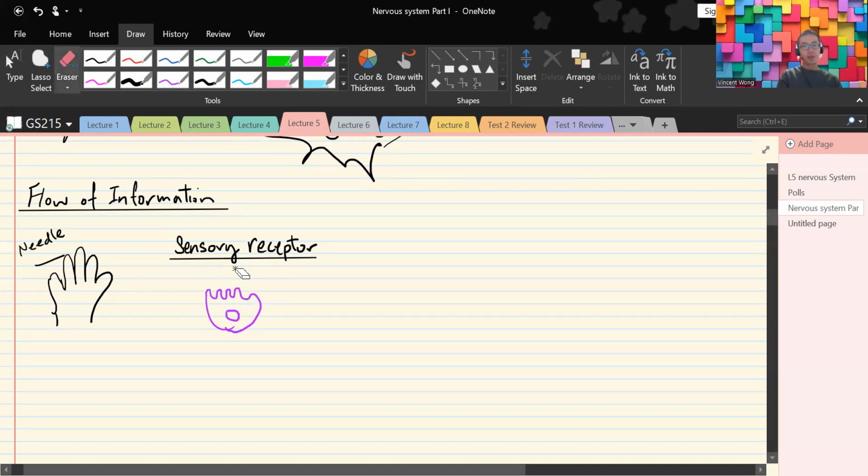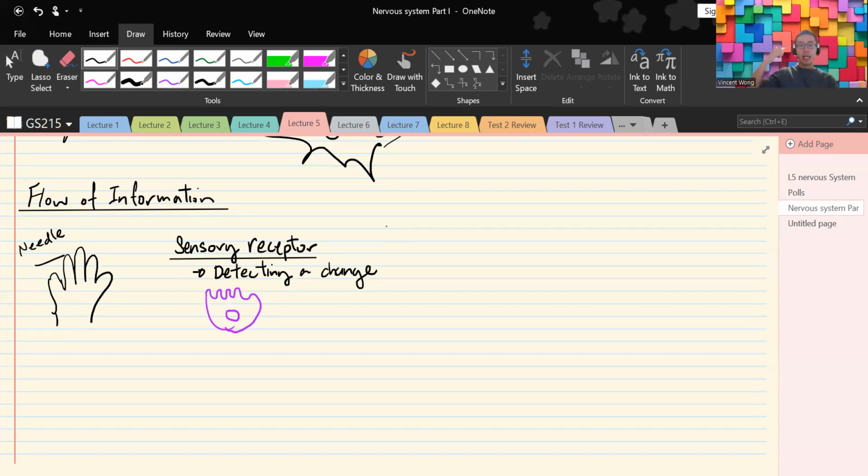The sensory receptor is responsible for detecting a change of some sort. You have different types of sensory receptors. You have sensory receptors in your eyes that detect changes in light intensity. You have sensory receptors in the skin that detect changes in temperature.